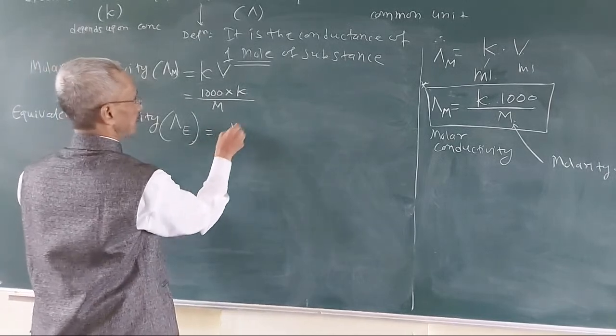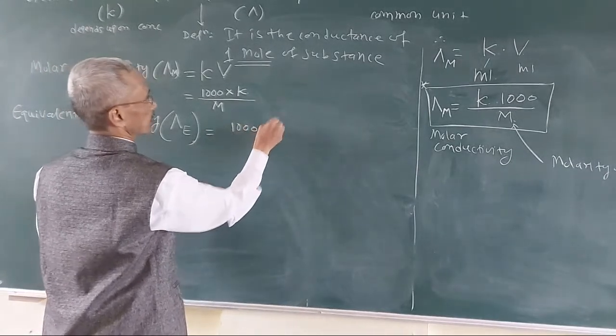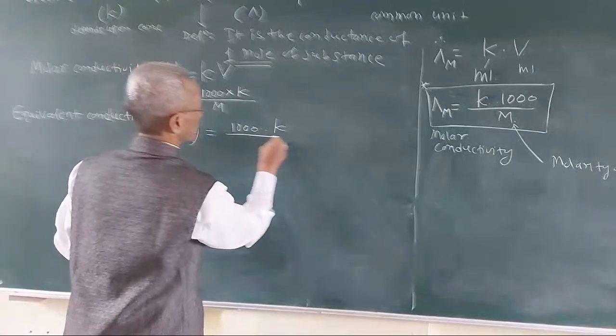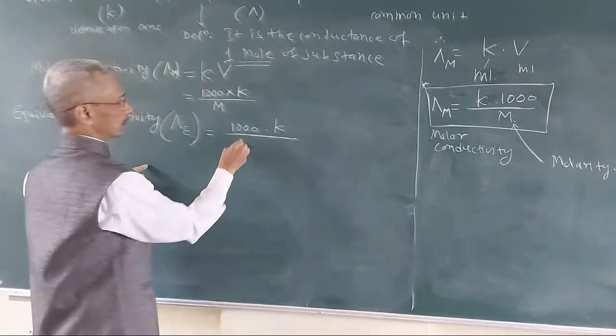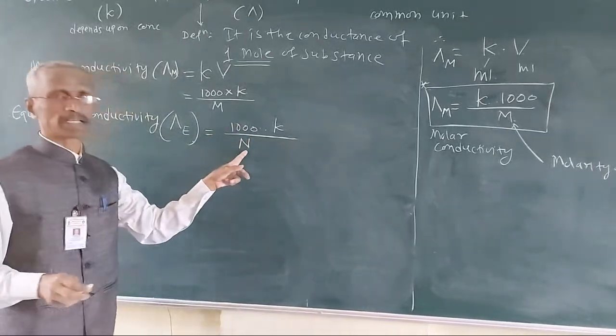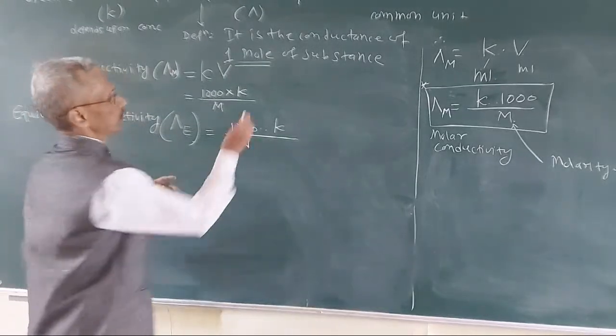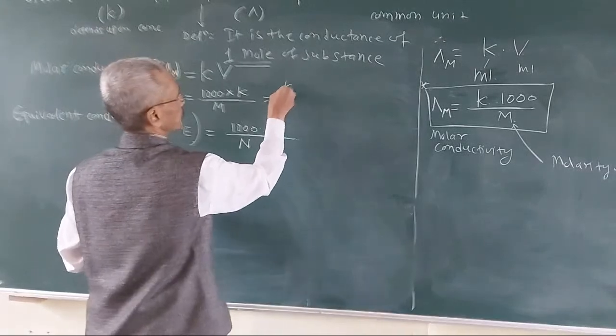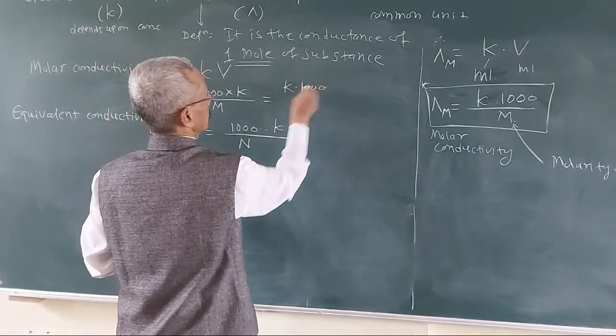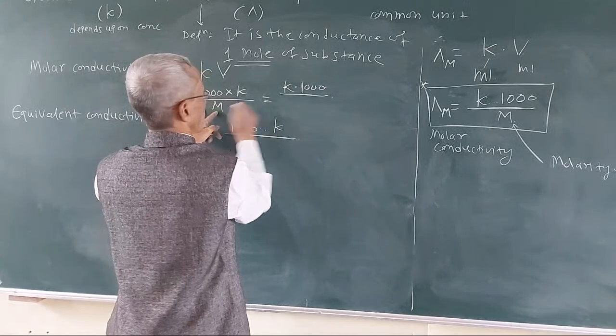That means this can be, therefore, 1000 into kappa upon normality. Normality means the number of gram equivalents per liter. What is molarity?